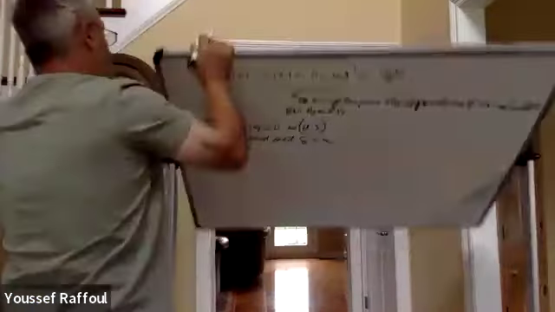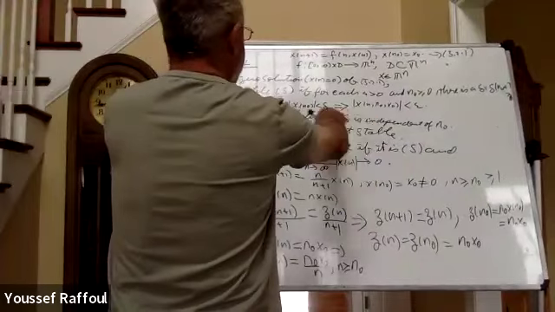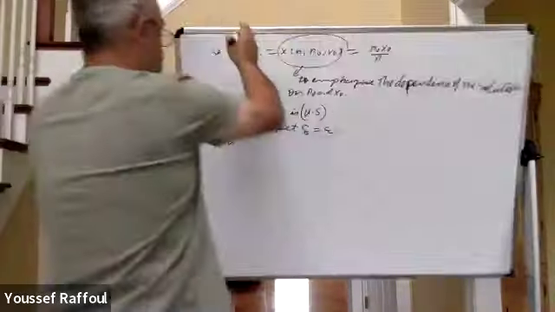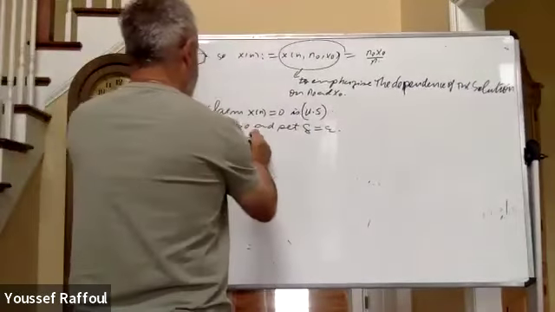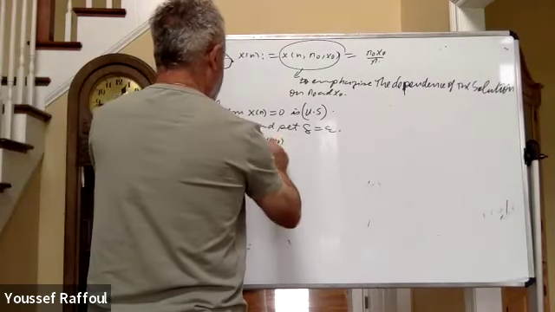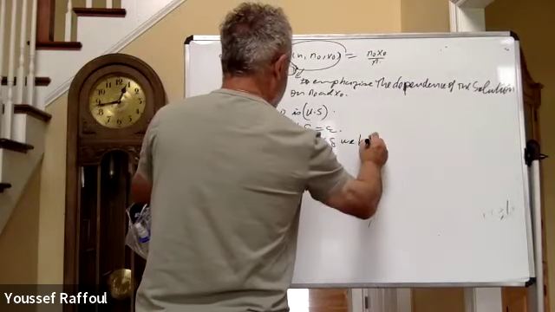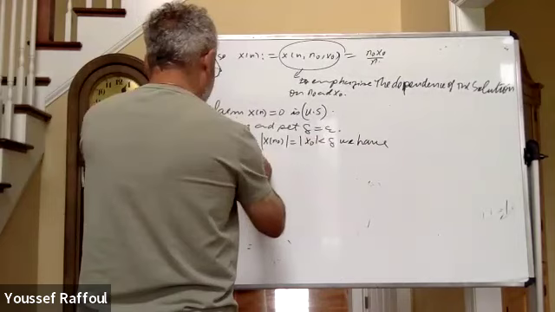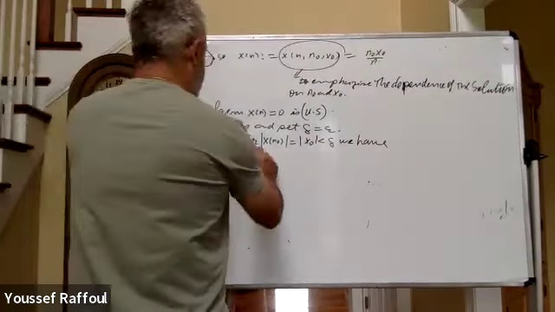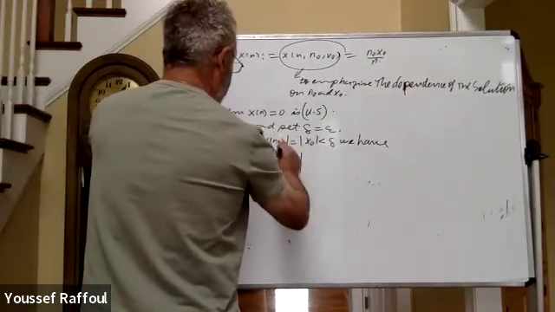Then look at the definition: uniformly stable if it's independent of n0. For |x0| less than delta, then for x_{n0}, which is equal to x0, with |x0| less than delta, we have |xn|, which is equal to n0 x0 over n.